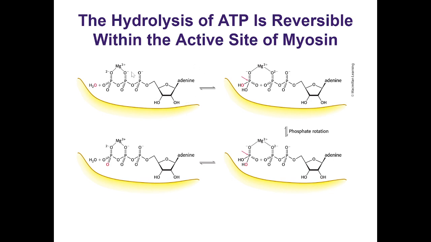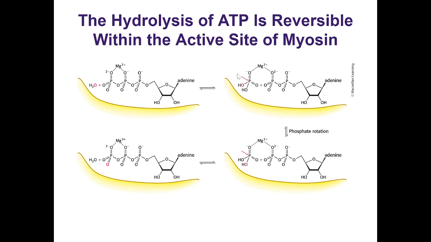And so what we can see here is that we have the phosphate bound, water comes along and does the hydrolysis, right? And then we get a rotation of a new phosphate in, whatever phosphate happens to be around, okay? And then it's going to have a binding going in the reverse direction.